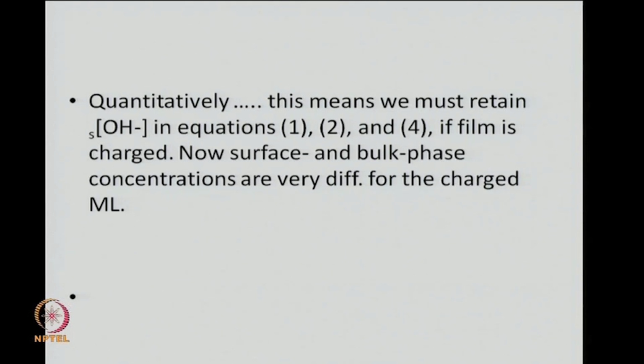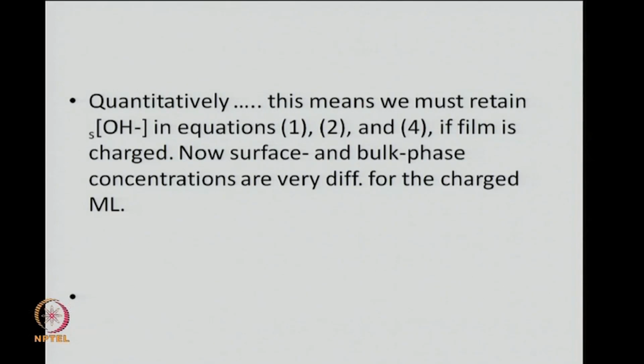Quantitatively, this means we must retain SOH minus in our older equations 1 to 4. Remember, at that stage we had replaced SOH minus by BOH minus. We should not be doing that now.